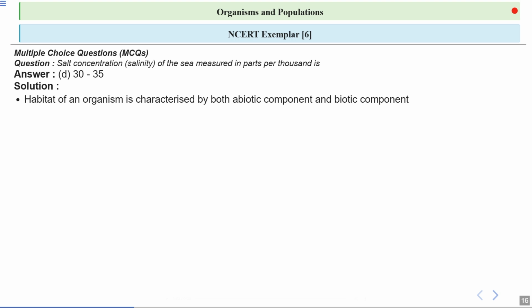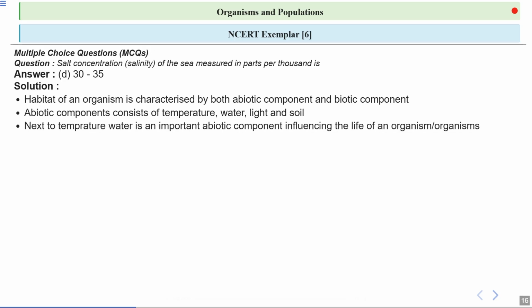Okay, so the habitat of an organism is characterized by both abiotic and biotic components. Abiotic means non-living component, biotic means the living component. Now, the abiotic component consists of temperature, water, light, and soil.